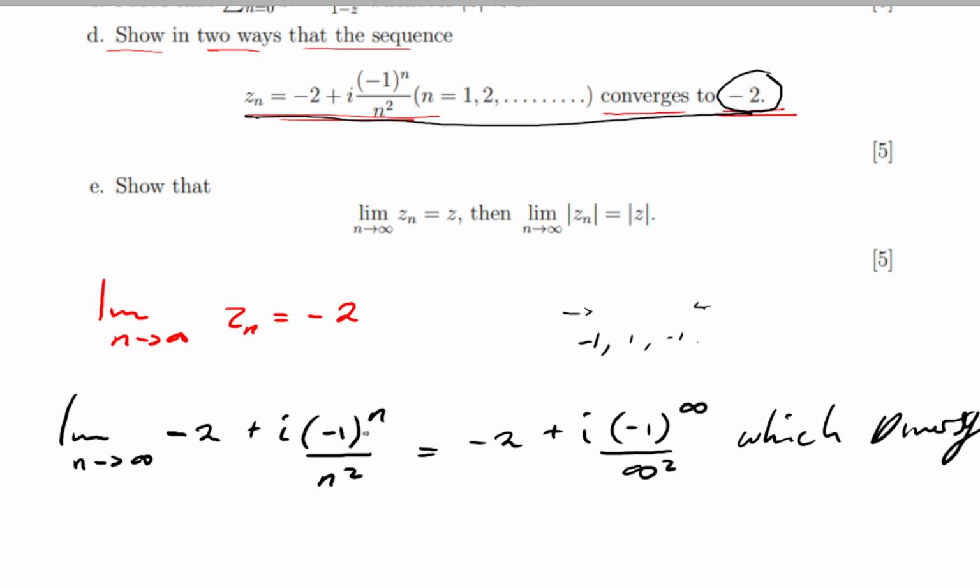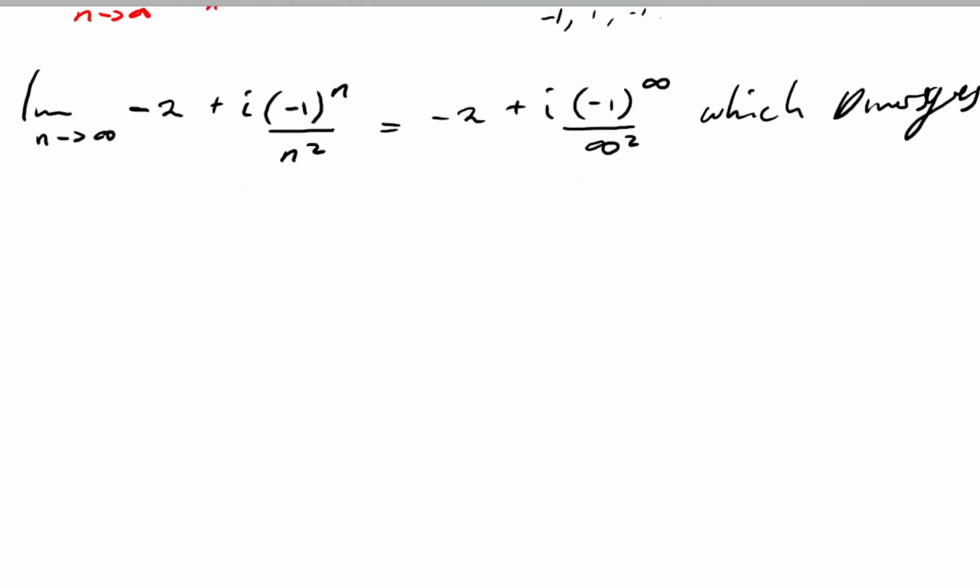So what conditions should we put in for this sequence to converge to -2? So the first condition, we'll look at this. First of all, we know that the limit as n approaches infinity of -2 plus i times (-1) to the power n over n squared can be split.